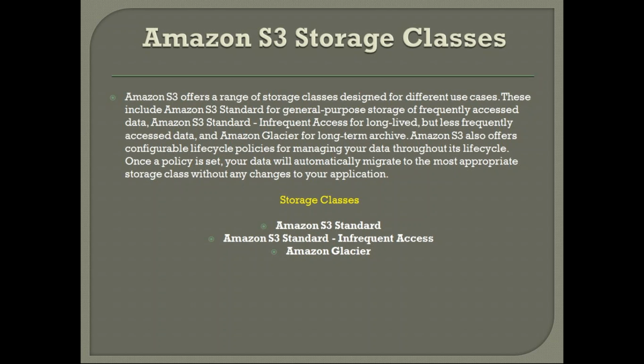And the third one is Amazon Glacier for long term archive. It's like an archiving tool. You just keep putting the data there, and after a long time, after 1 year or 2 years, if you want to retrieve the data, you can retrieve the same data and see it. So these are the three types.